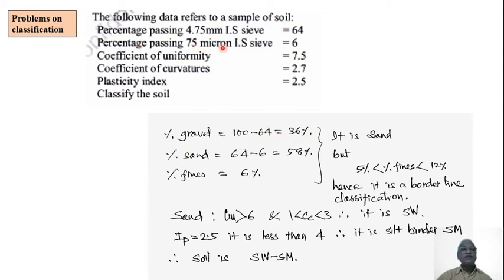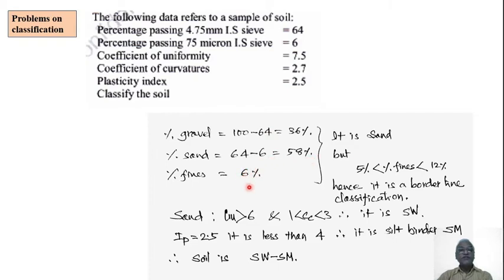Percentage passing 75 microns is 6%. Percentage of fines is 6%. That's why percentage of sand can be calculated, because it is 64 minus 6, so 58%.